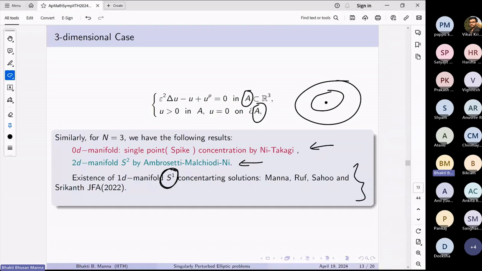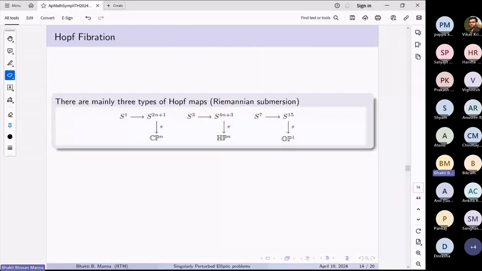It can be written as (A,B) cross S^{n-1}, and we can use this symmetry to produce this kind of symmetric concentration. There are already some existing techniques which can produce this kind of fibers.